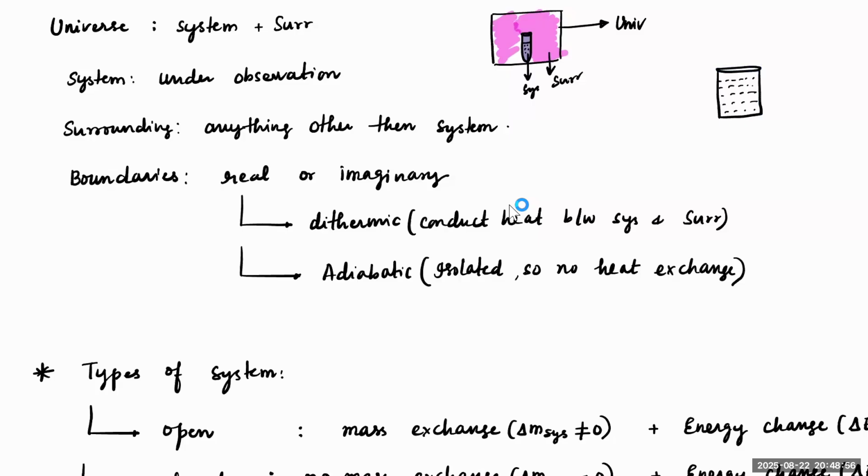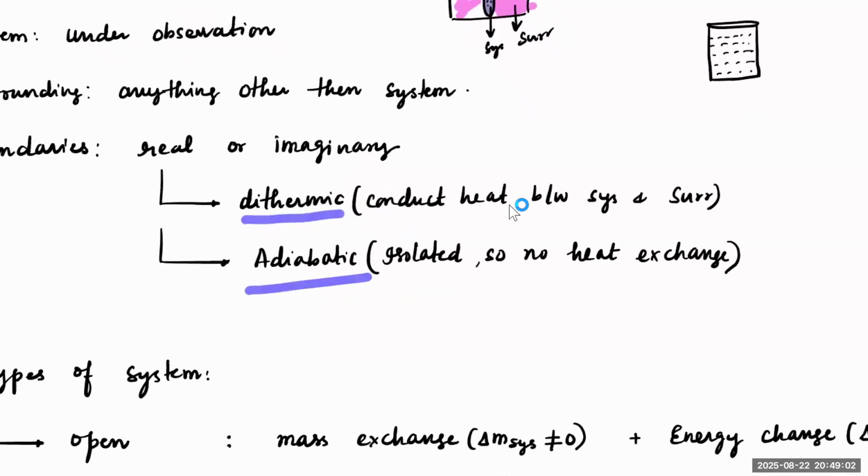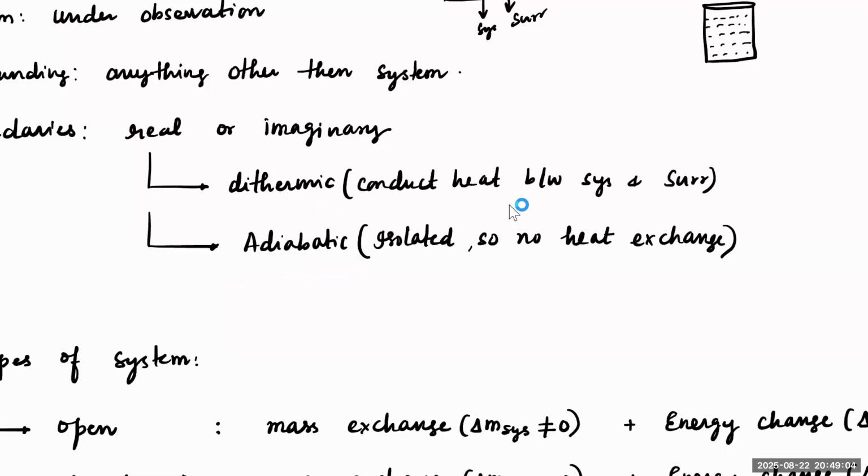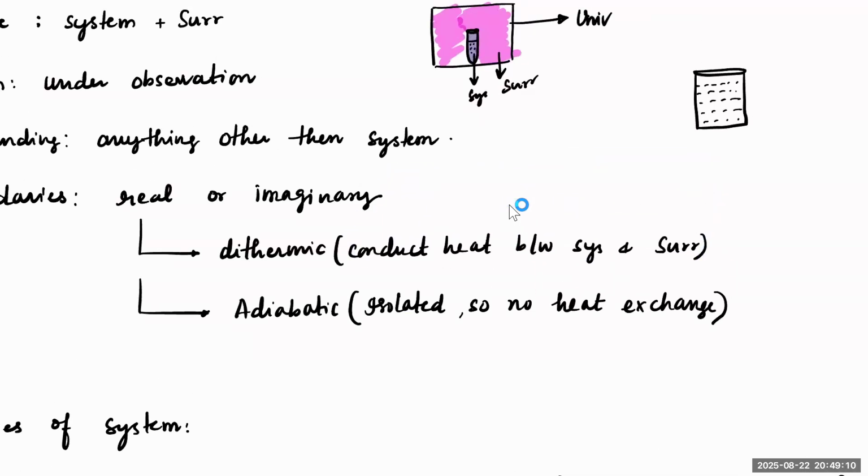Now, the real boundaries are of two kinds. Either they could be diathermic or adiabatic. Diathermic are those which can conduct heat between system and surroundings. That means there is a transfer of heat between system and surroundings. Got it?